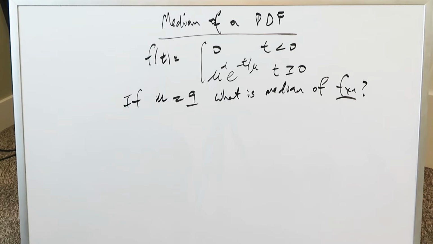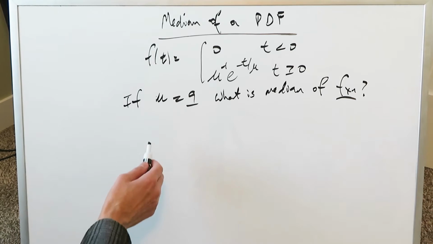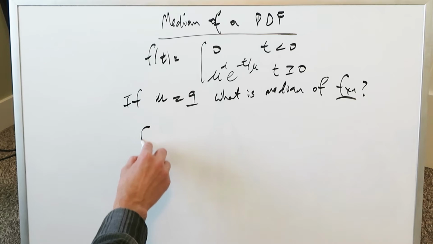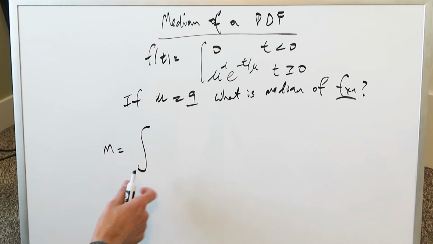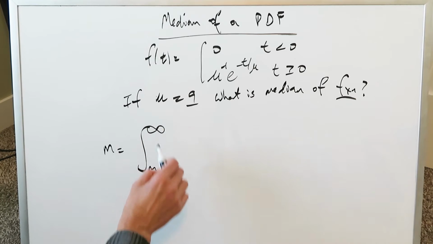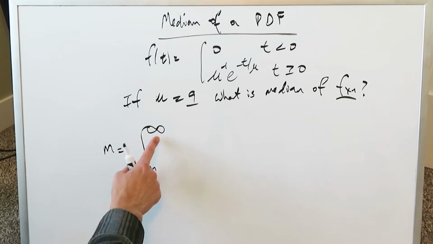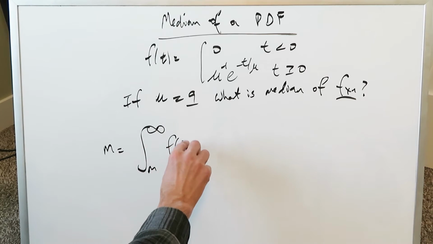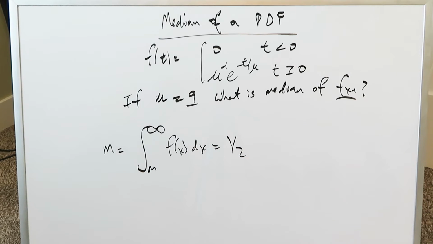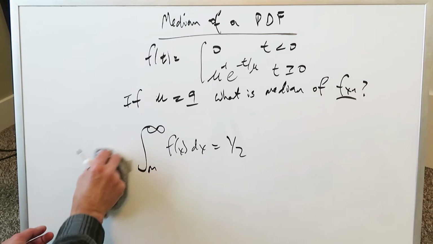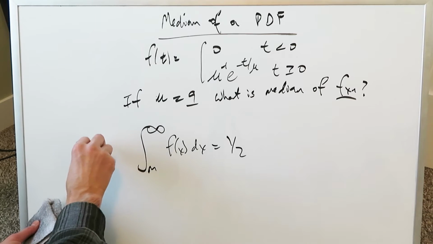The best way to determine the median of a function is to look at it in terms of this. You see this right here is your median. We can write it in this form: from your median value up to infinity, you have a certain function f of x dx, and if you integrate it, it will always equal half, and that's exactly what we're talking about.